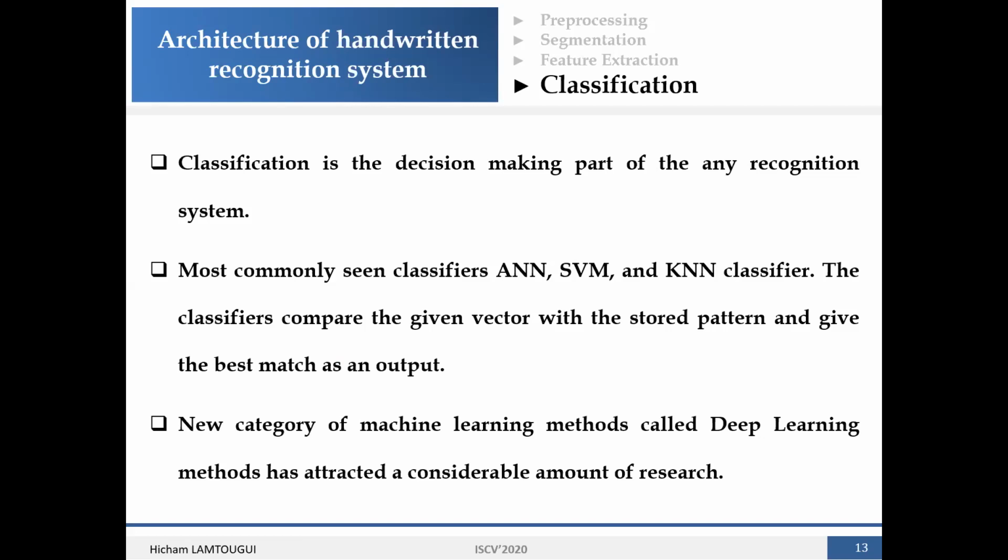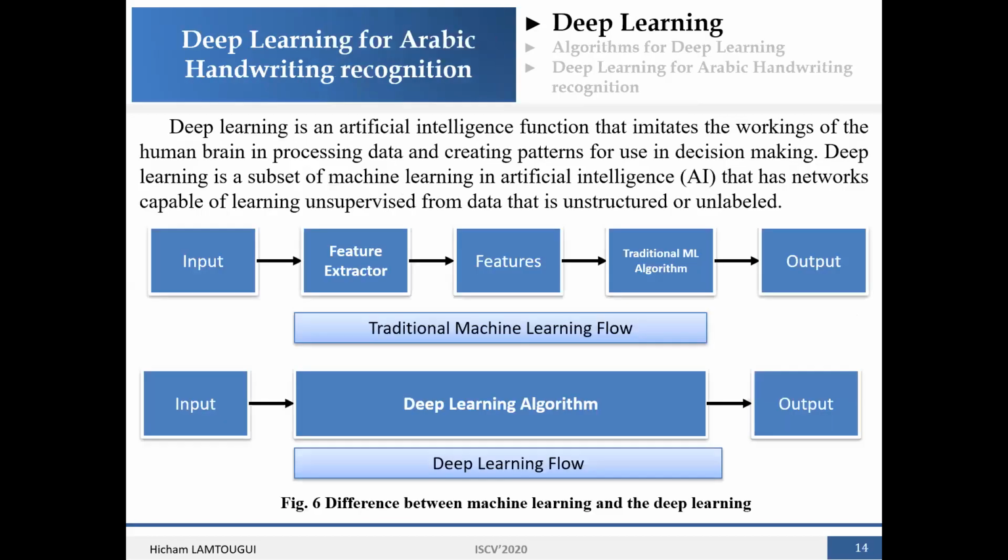In contrast to classical techniques, deep learning algorithms provide a complete solution to handwritten Arabic text recognition without any artisanal feature extraction technology. Deep learning is a subset of machine learning in artificial intelligence that has networks capable of learning unsupervised from data that is unstructured or unlabeled.